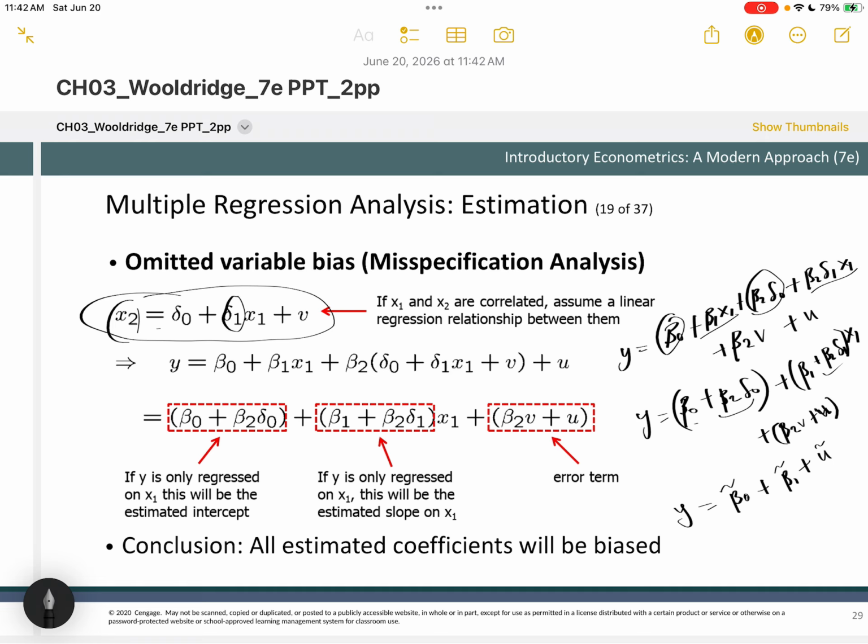Beta 1 tilde is equal to beta 1 plus some bias. You see? So when you omit a relevant variable, all your estimated betas are biased, and that's really bad.